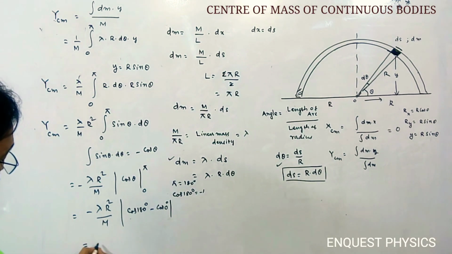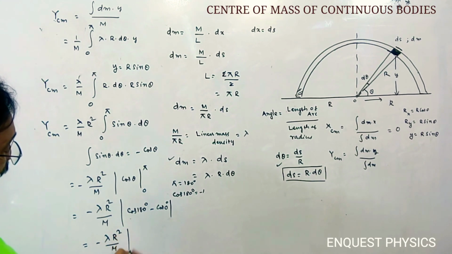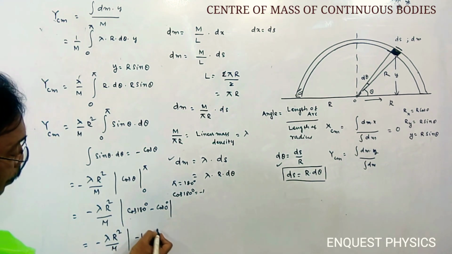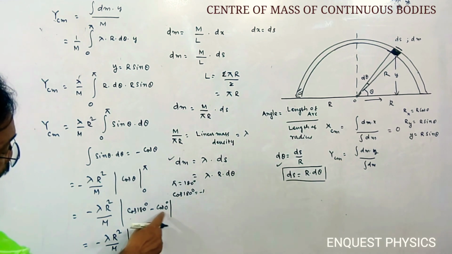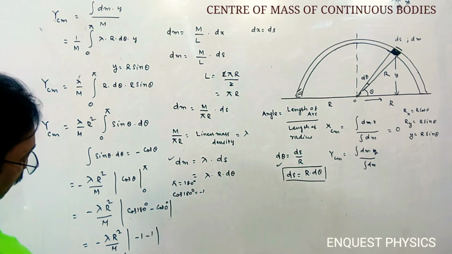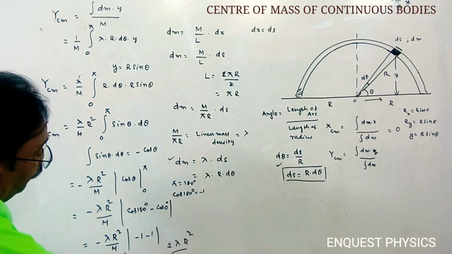It is minus lambda r squared by M into cos 180, which is minus 1, minus cos 0, which is 1. It is lambda r squared by M into 2, that is 2 lambda r squared by M.